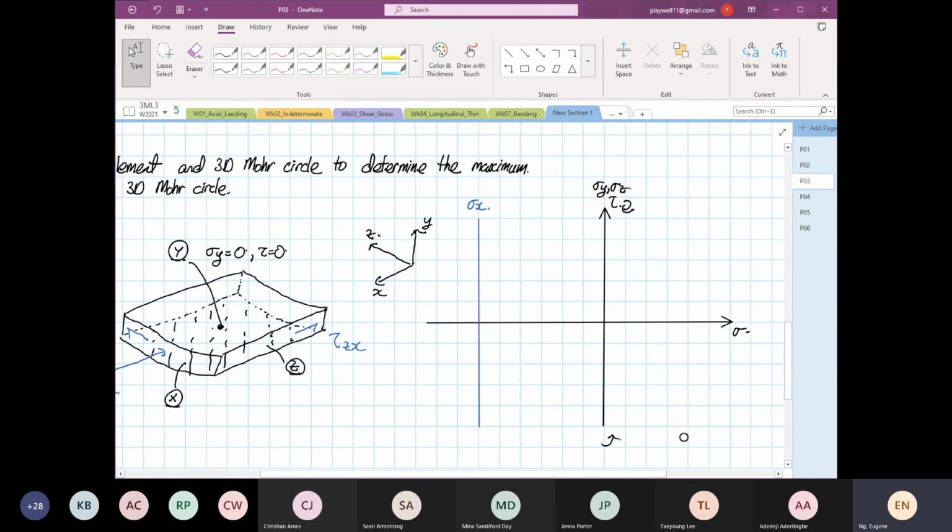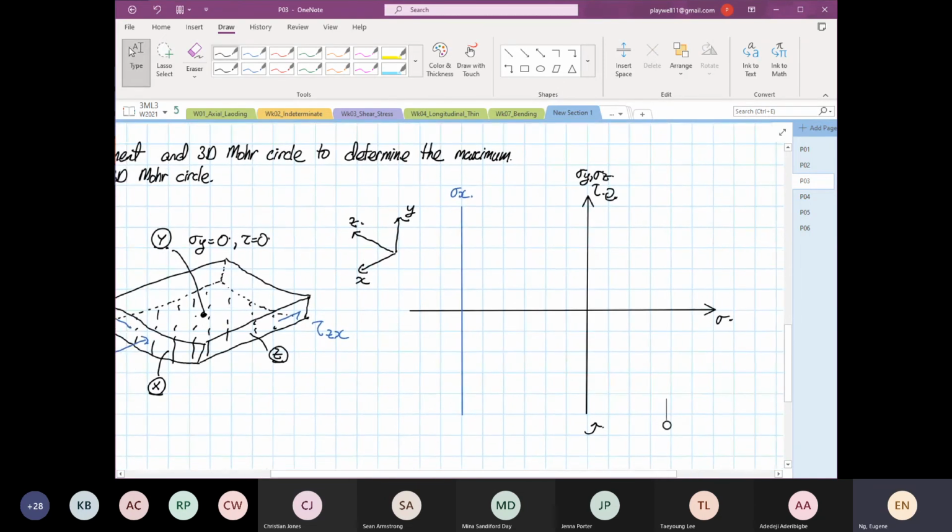So we know that point Y is definitely down here, because there's zero normal stress, that belongs to point Y. But we have some shears going on.